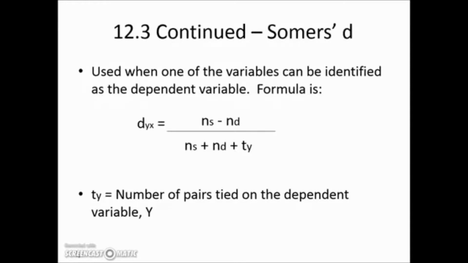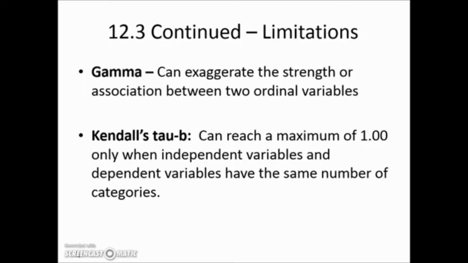Summers D ranges from -1 to +1 and is asymmetric in measure. Therefore, two values of Summers D can be computed: dyx, where y is treated as a dependent variable, and dxy, where x is treated as a dependent. Like Kendall's formulas, Summers D does not have a PRE interpretation.